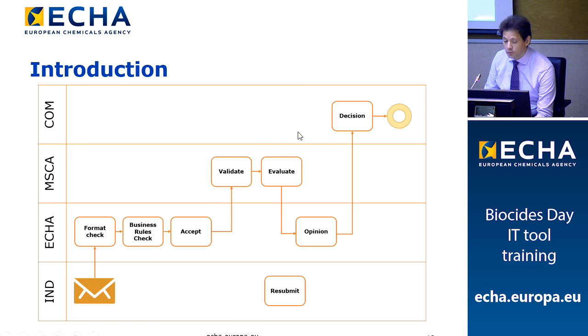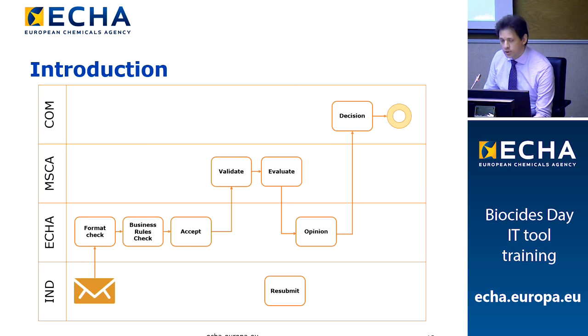What we will ask you to do will be to impersonate, to pretend to be the competent authority that will have to validate and evaluate the application, then to become ECA, to run the opinion, because this is the peer review part, and then to become the commission in order to perform the decision and get the approval.